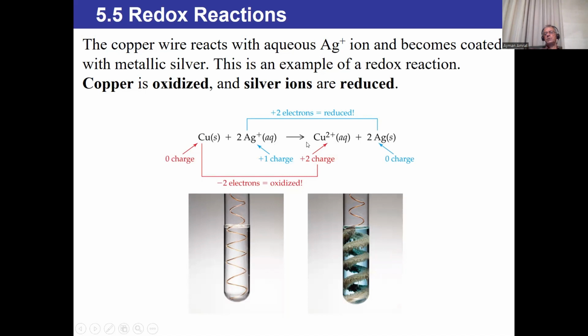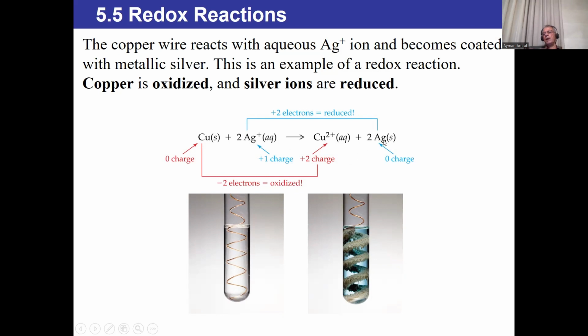Cu is converted to Cu2 plus. So the oxidation of the copper metal is 0 and for the copper ion plus 2, from 0 to plus 2. The process is losing 2 electrons. So Cu is oxidized by losing 2 electrons to convert from Cu metal to Cu2 plus.